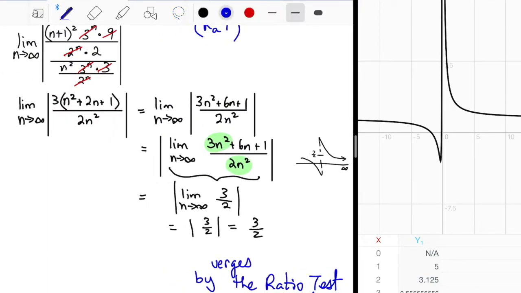So the sum from n equals 1 to infinity of n squared 3 to the n plus 1 over 2n squared, 2 to the nth, diverges.